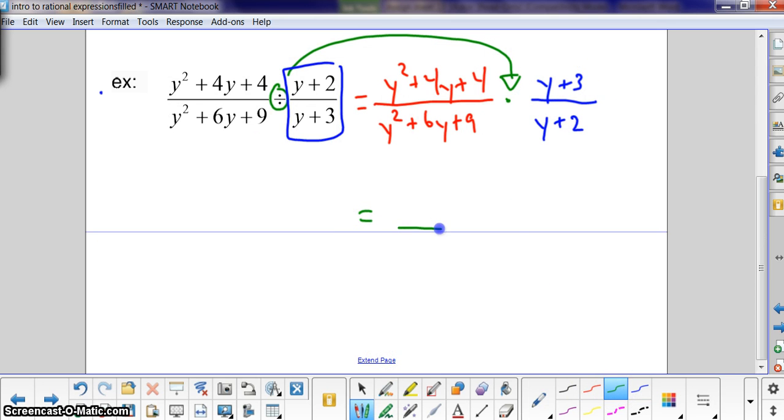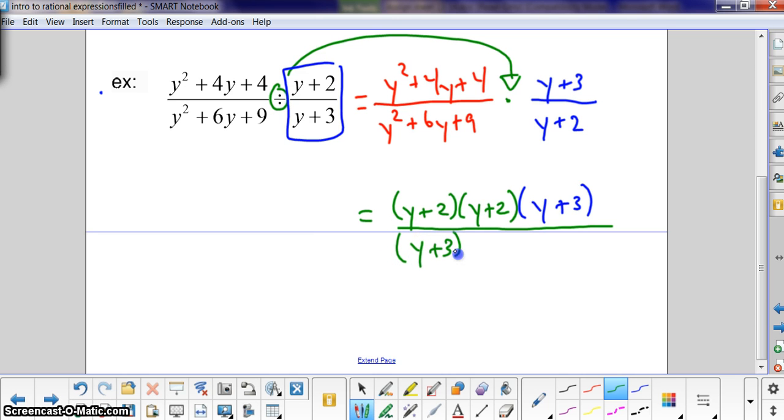So this is equal to, and I hope you don't mind, I'm going to combine steps. I'm going to factor that. So that's y plus 2, and then I still have this y plus 3 there. And then down here on the bottom, I'm going to factor that as well. That's y plus 3, and then I still have that y plus 2 from the original.